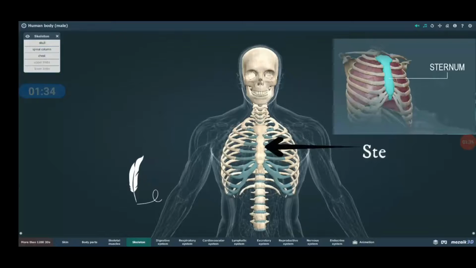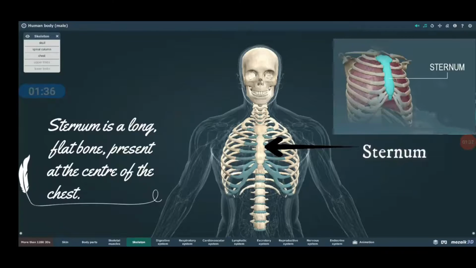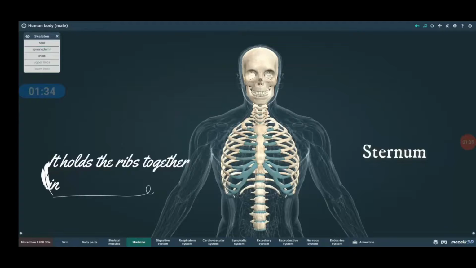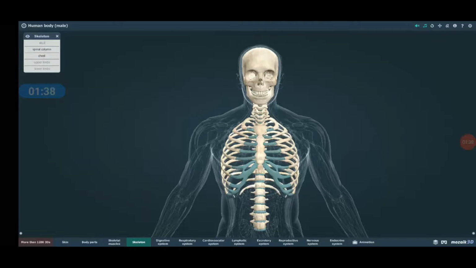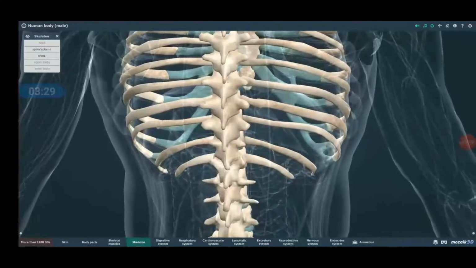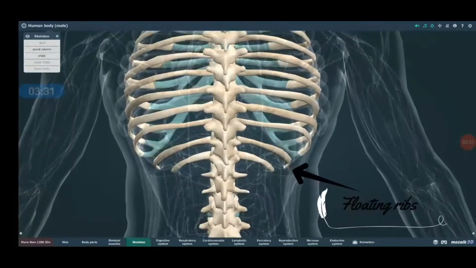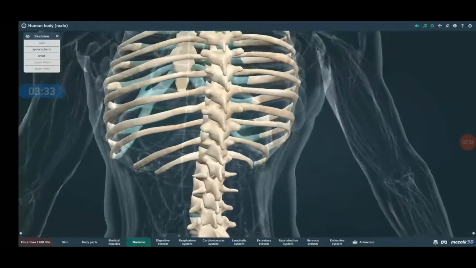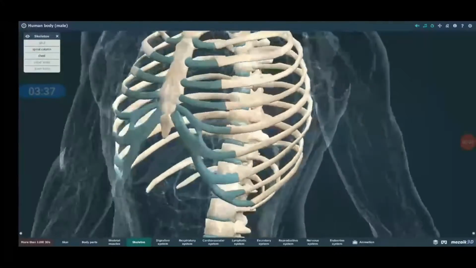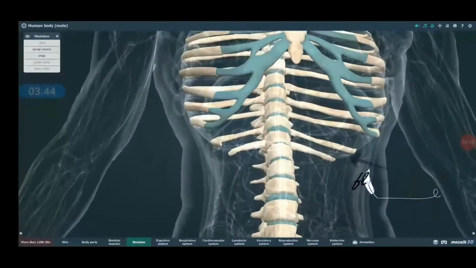A long, flat bone called sternum is present at the center of the chest and holds the ribs together in the front. The ribs are fixed to the backbone at the back, but the lowest two pairs of the ribs are only fixed to the backbone and not to the breastbone. So, they are called floating ribs.